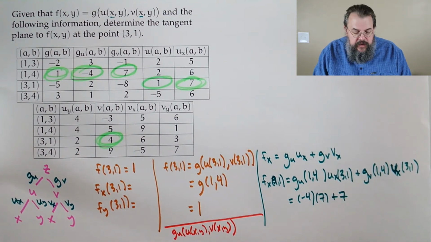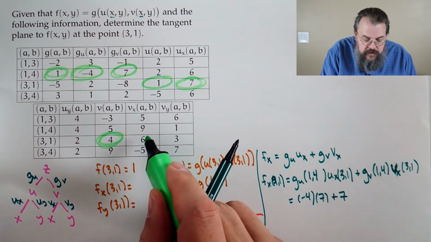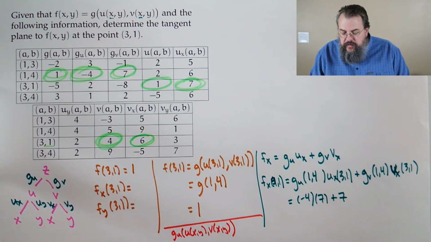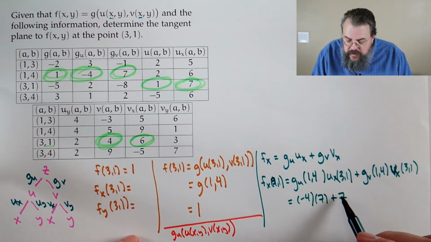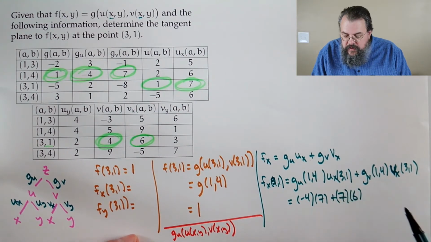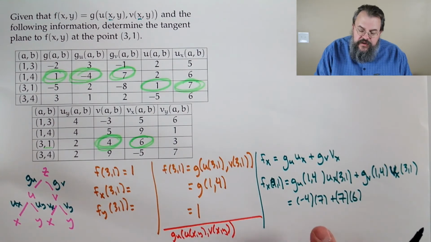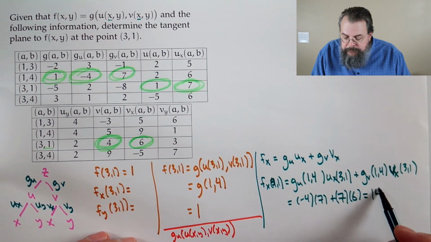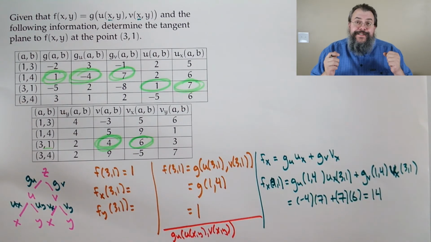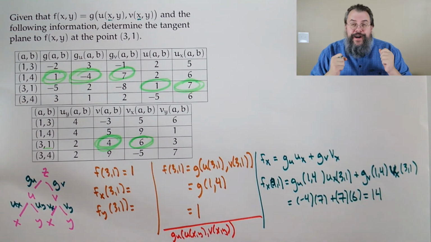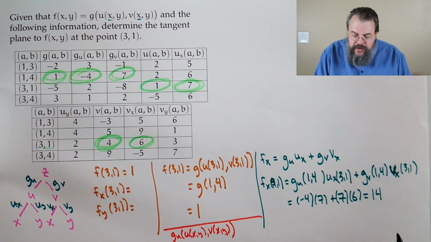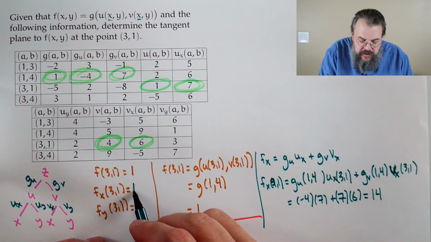And v sub x at 3, 1 is over here. 3, 1, v sub x is 6. So 7 and 6. So what do we end up with? Well, minus 28 plus 42 gets us to 14. All right, so there we go. Progress, right? Yes, it is. It is progress. Cool. So that goes here.